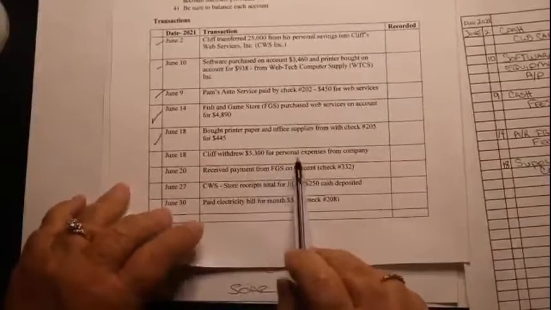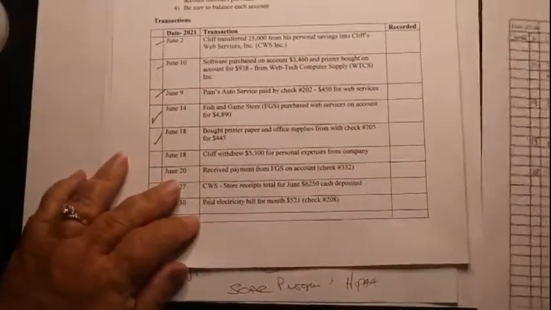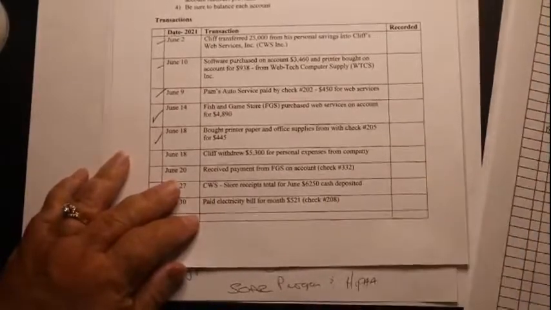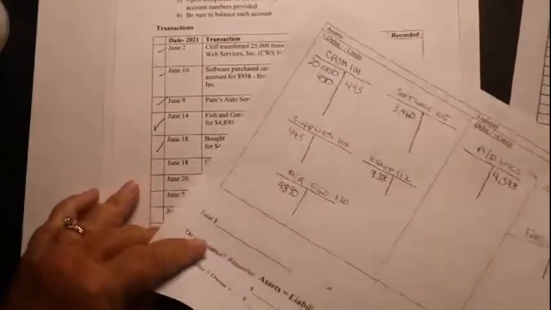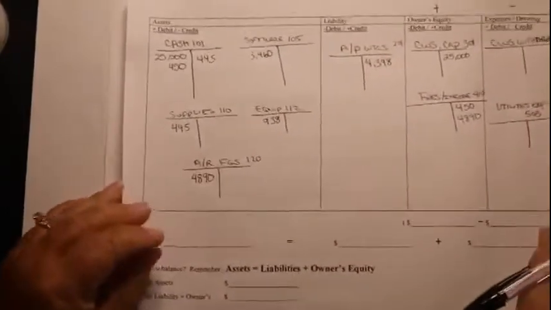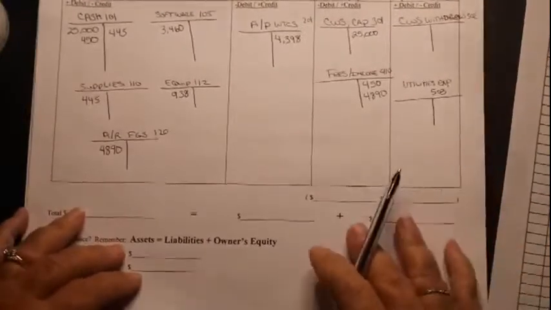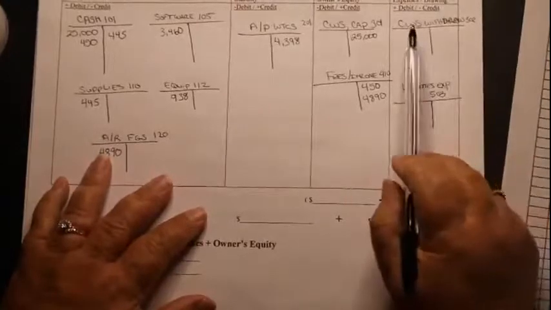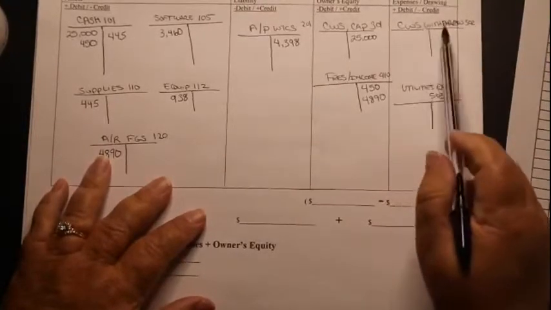Cliff withdrew $5,300 for personal expenses from the company. Okay? So he took money out of the company for his own personal expenses. It's his right because it's his money. So what accounts get credited, what accounts get debited? Well, in order to take the money out, he has to withdraw it.